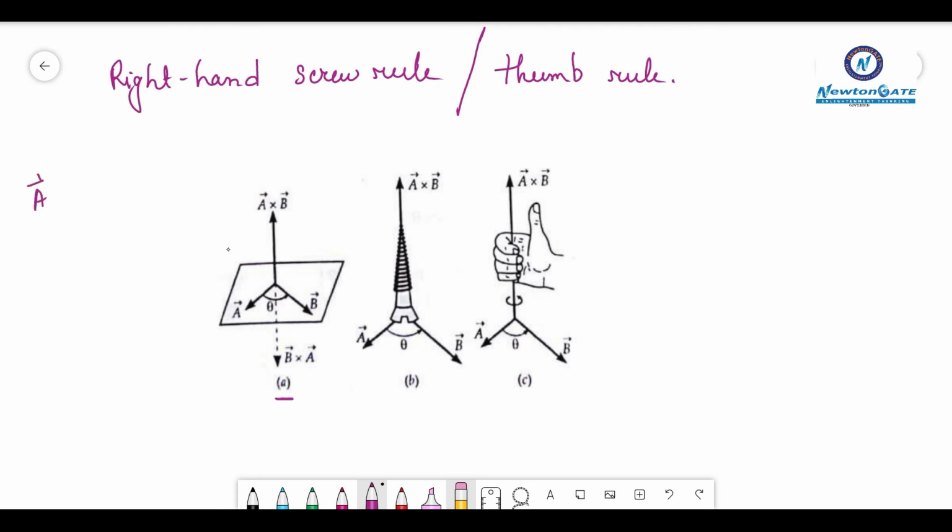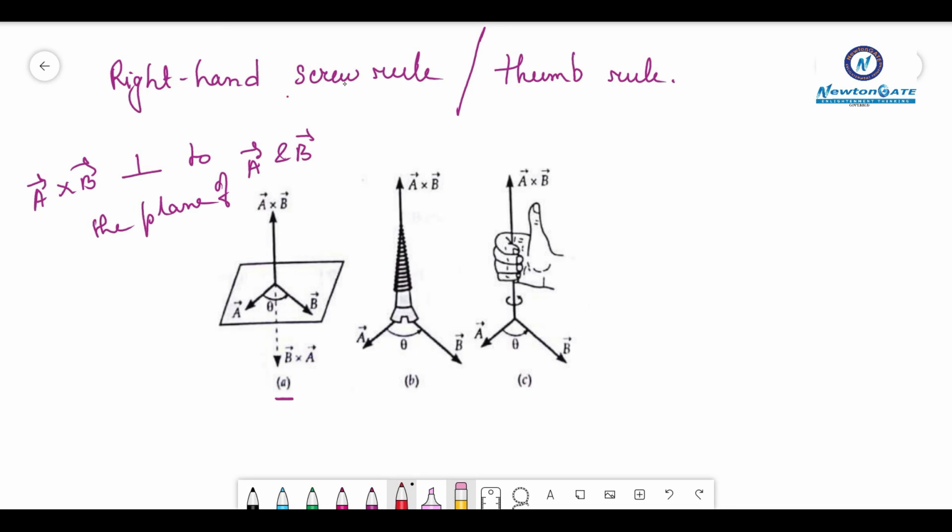So A cross B is perpendicular to the plane of A and B, not individually to A and B. So A and B have an angle in between them as theta, and if it goes above, then it is A cross B, and if it is below, then it is B cross A. Now to determine which it will be, we have this right hand screw rule.